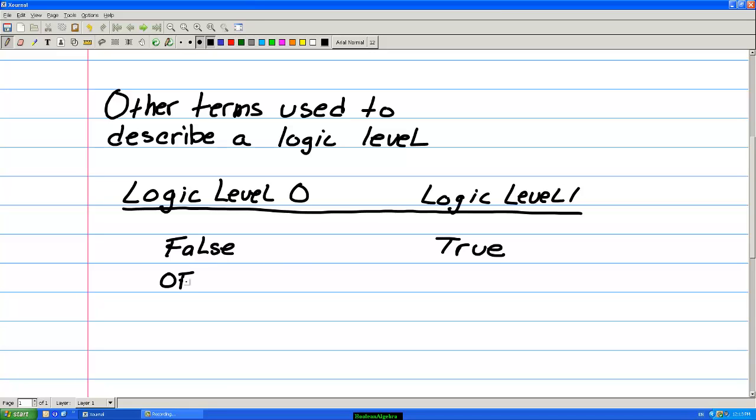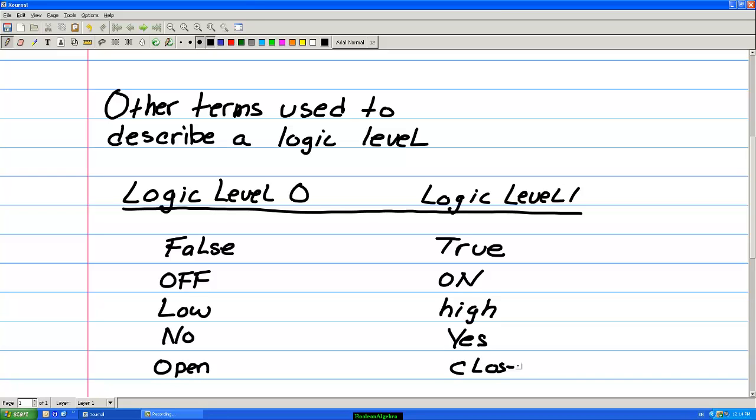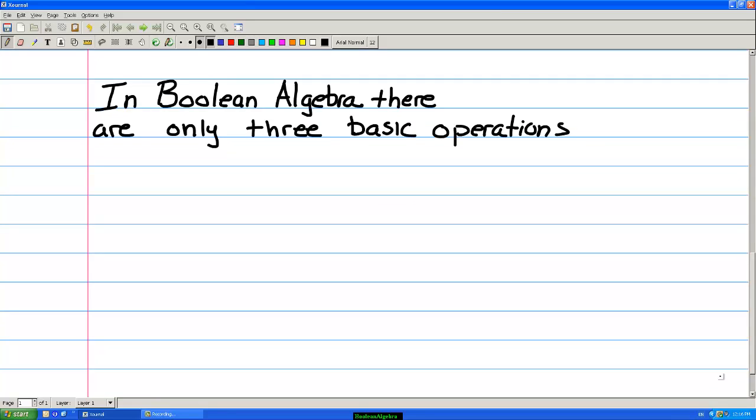Off, and logic level 1 would be on. We have low, high, no, yes, open, closed. Since we are only dealing with two values, Boolean algebra is easier to work with than ordinary algebra.